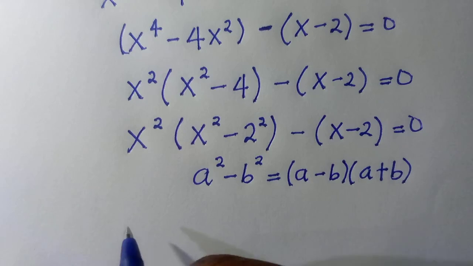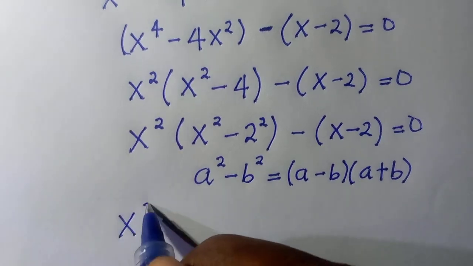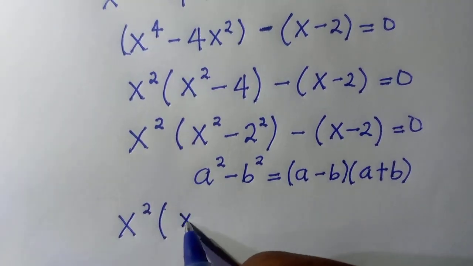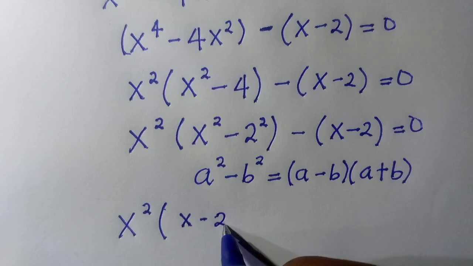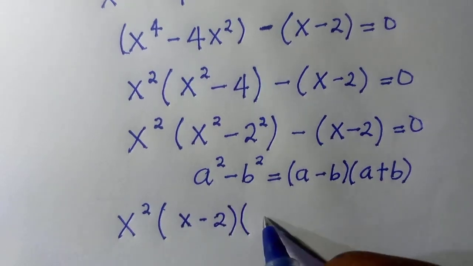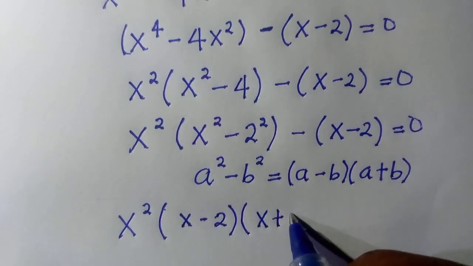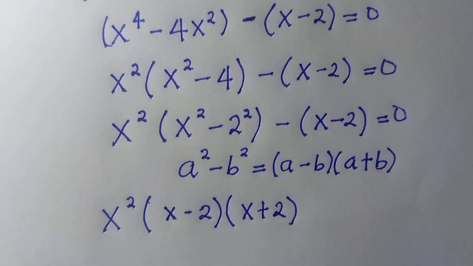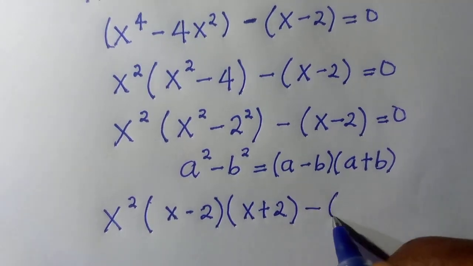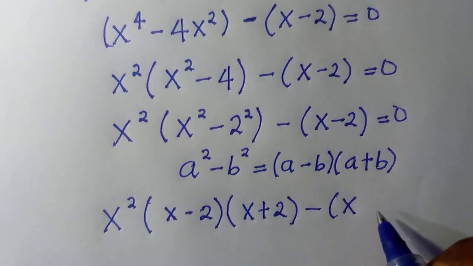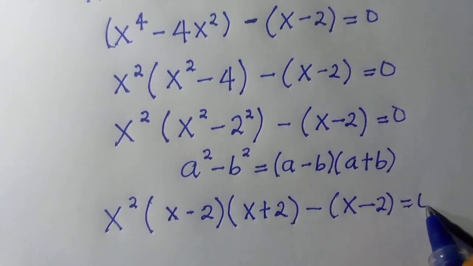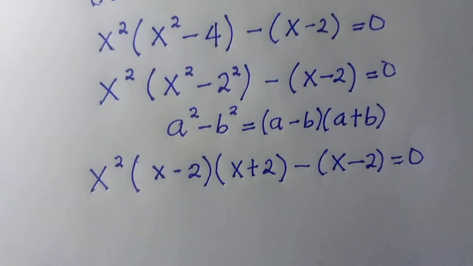So we have to apply it so that we have x²(x − 2)(x + 2) − (x − 2) = 0.